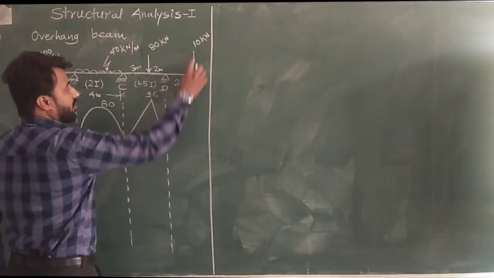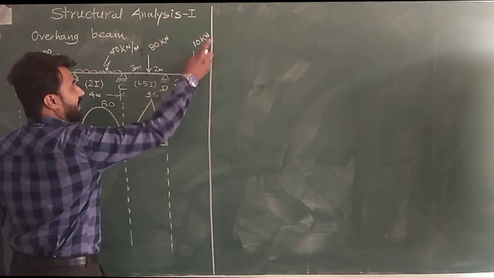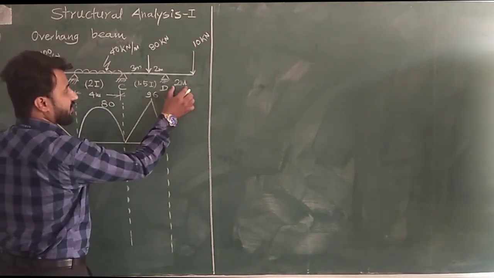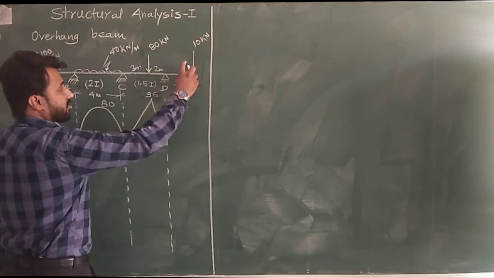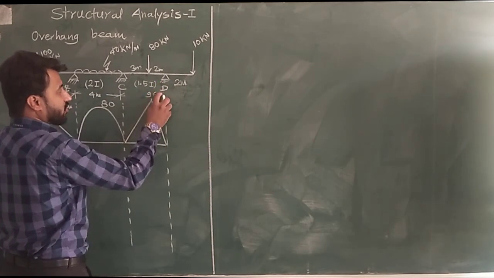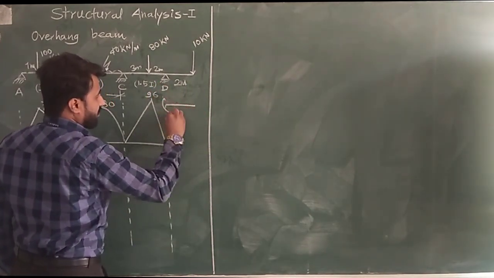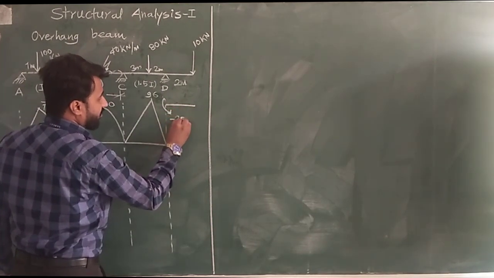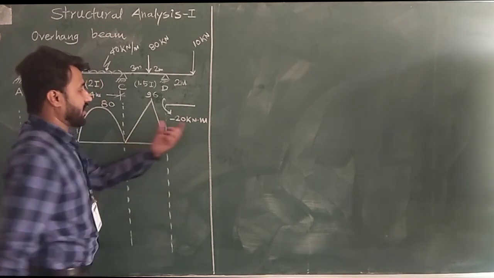Due to this overhang portion, one additional load is acting over there, a 10 kN load over the span of 2 meters. So a 20 kN clockwise moment will be acting over this support D. So the moment at D will be equal to minus 20. This moment at D we already know, minus 20 kN.